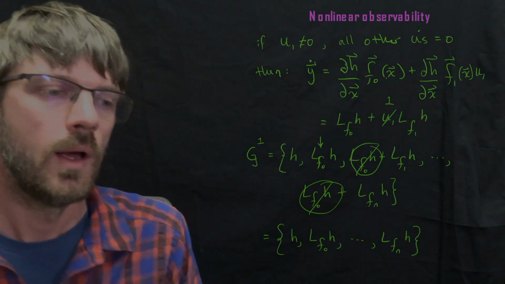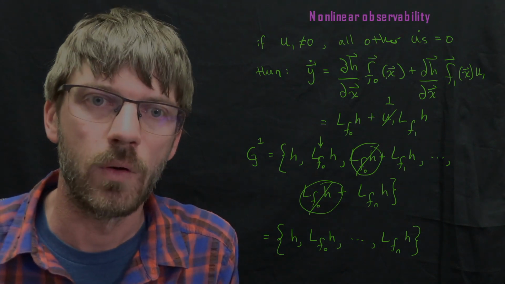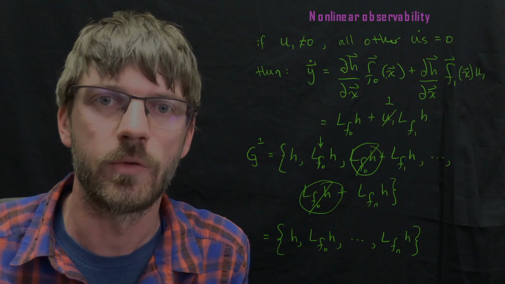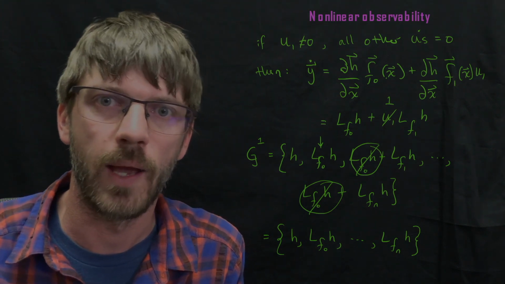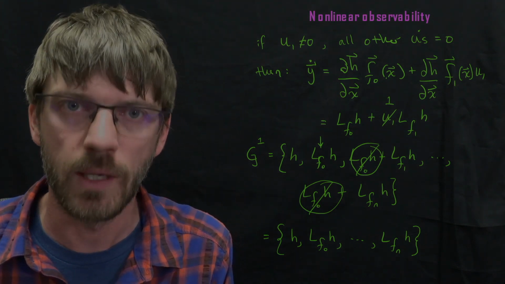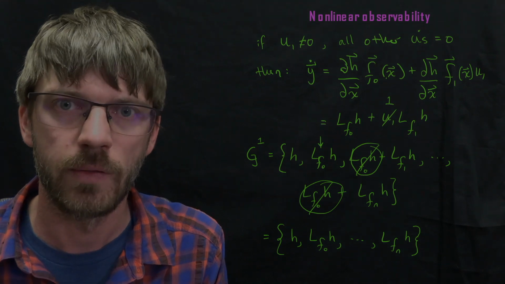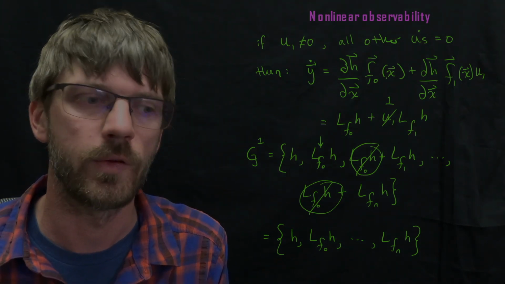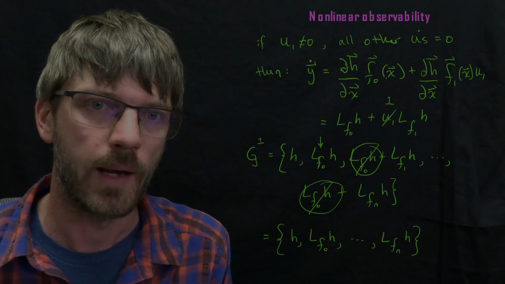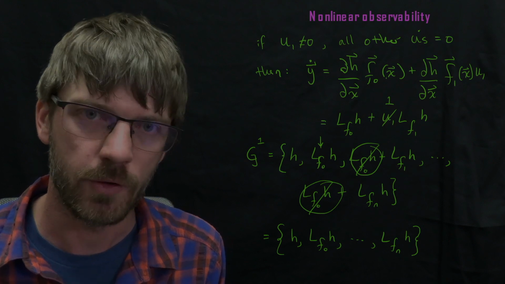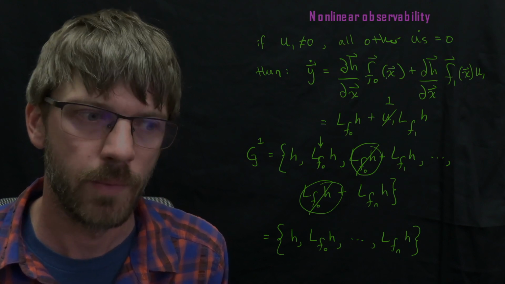Okay, so now we can again count all of the terms that appear in that observability Lie algebra. And if we had n states and there are n unique terms in that collection, then we know that our system is, in principle, observable. Again, as we discussed, that's a little bit difficult to determine sometimes.